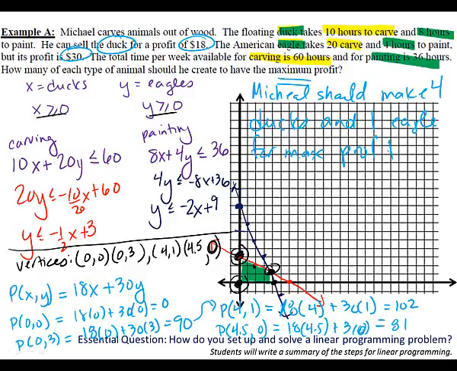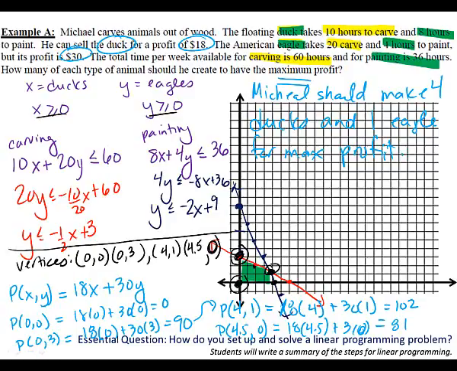Probably should write maximum profit, right? Did we answer the question they asked? Yes. How many of each type should you create to have the maximum profit? All right. Let's look at example 2.